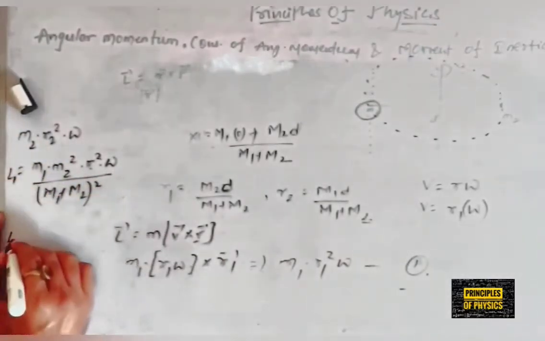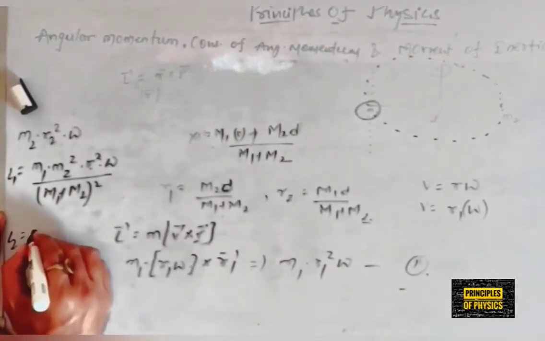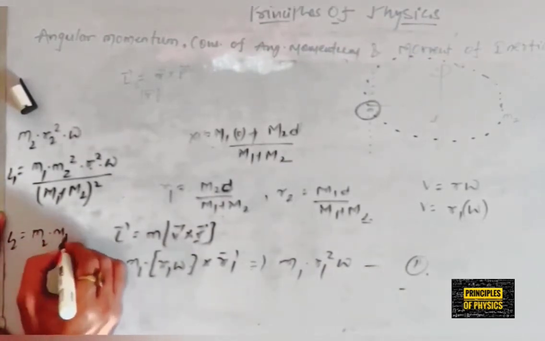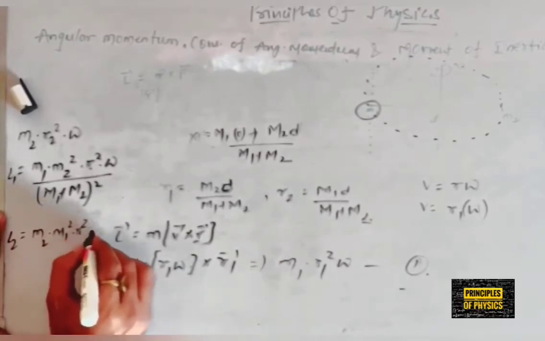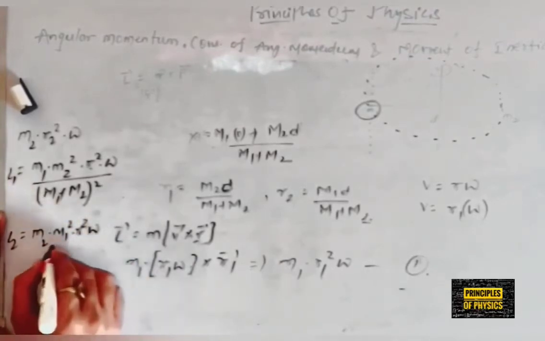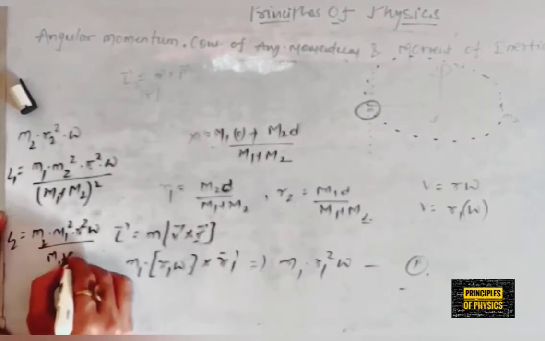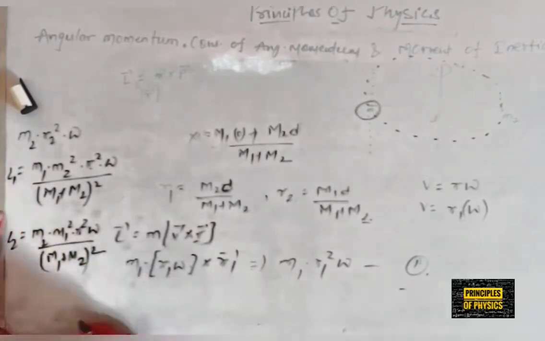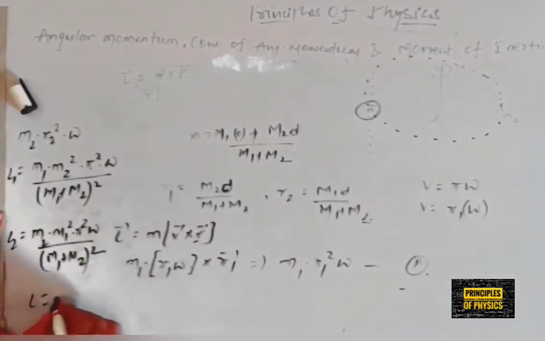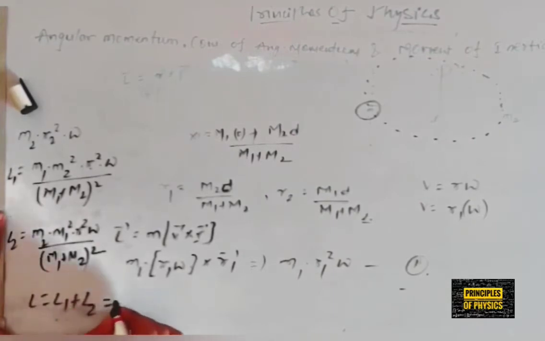This is L1. Similarly L2 equals m2 into m1 square into d square omega divided by m1 plus m2 whole square. So we can say that L equals L1 plus L2.